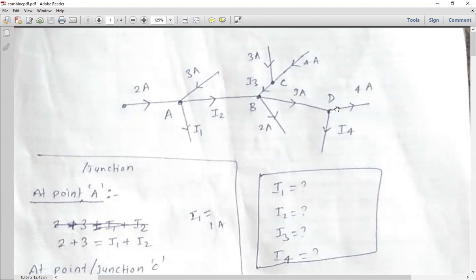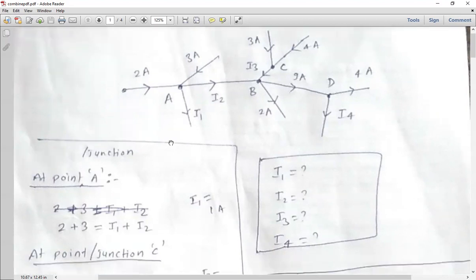Point D is also a junction. We have to find all these currents I1, I2, I3 and I4. How do we apply Kirchhoff's first law? What is another name of Kirchhoff's first law? Kirchhoff's current law, in short KCL.